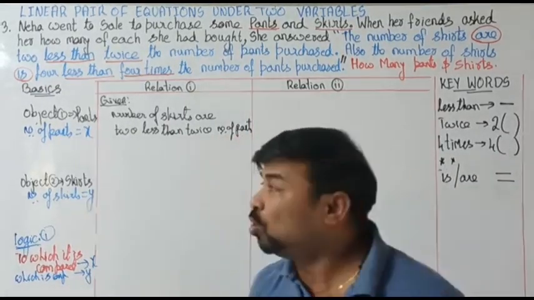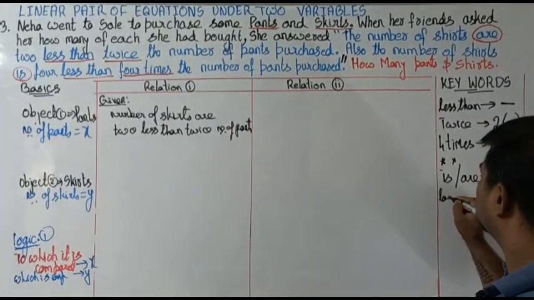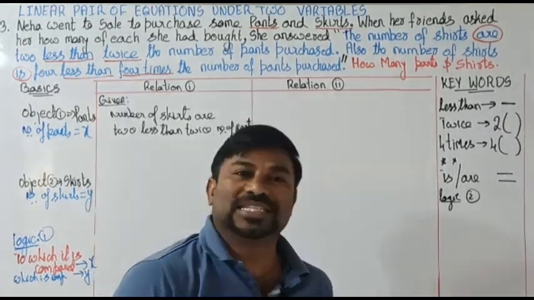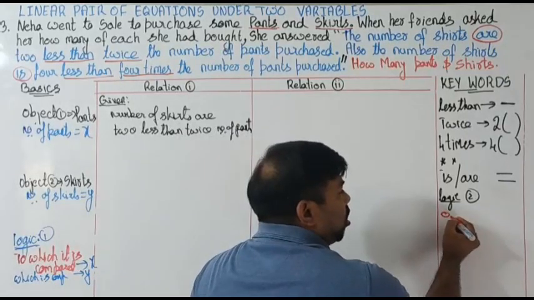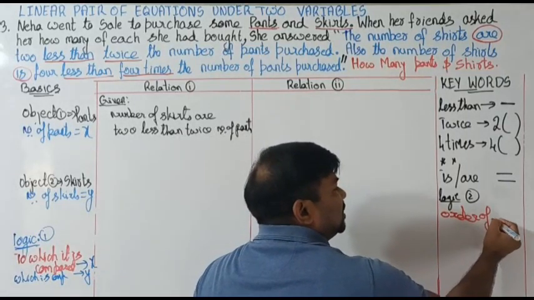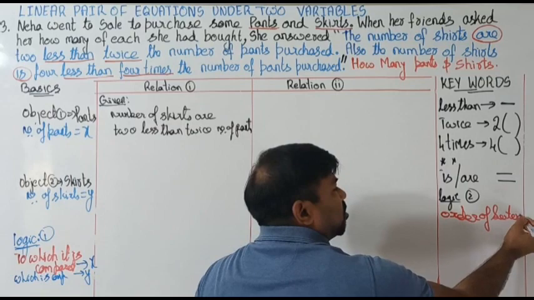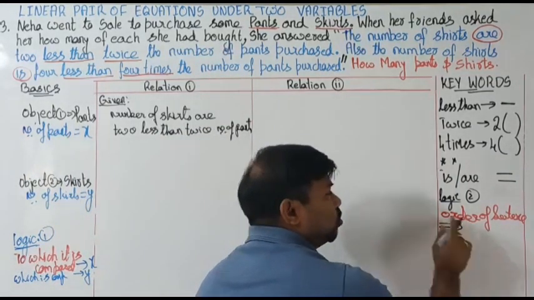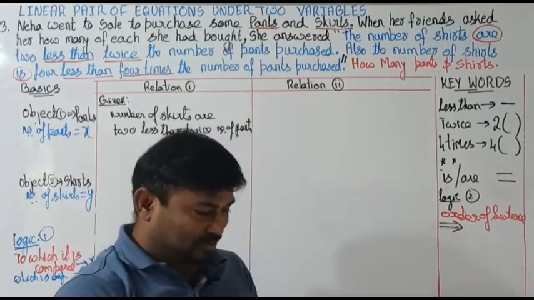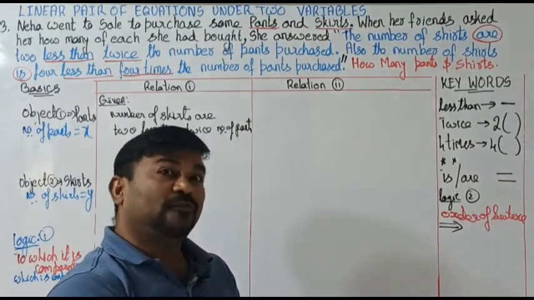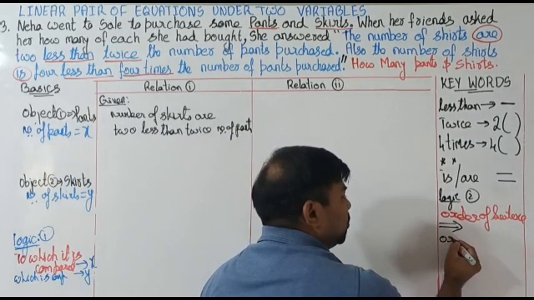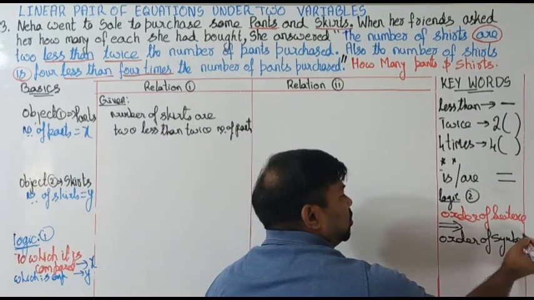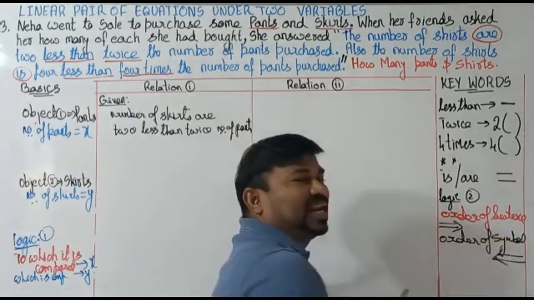Now I am going for one more logic for you, that is logic 2. Please remember, the order of the sentence will be in this direction, moving from here to here. The order of the symbol will be in the reverse direction.